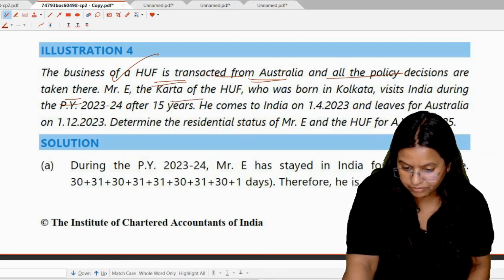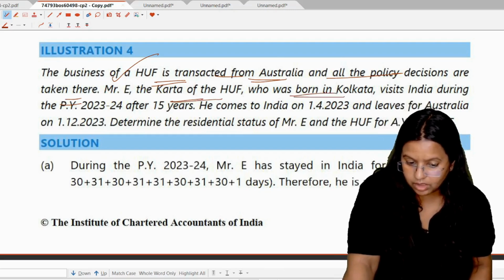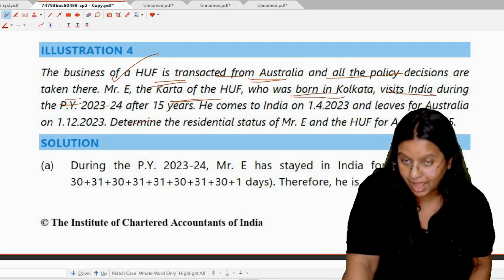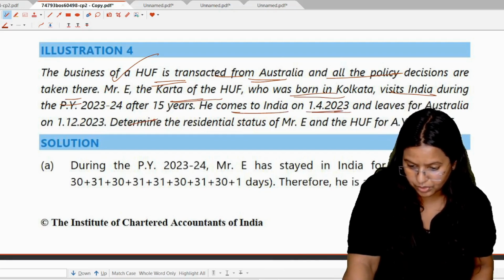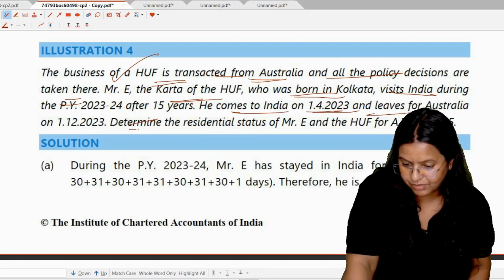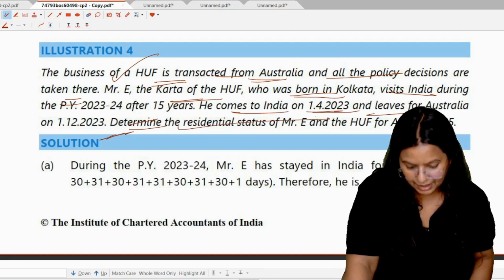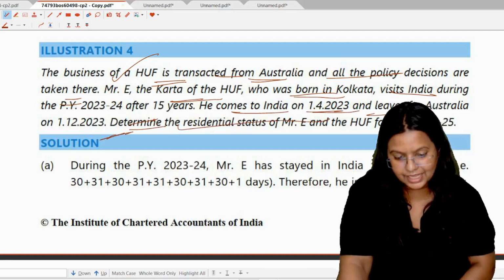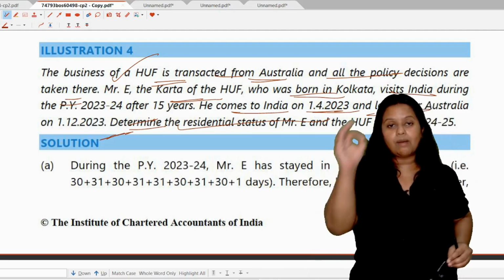Mr. E, the Karta of the HUF, who was born in Kolkata, visits India during the previous year after 15 years. He comes to India on 1st April 2023 and leaves for Australia on 1st December 2028. Determine the residential status of Mr. E and HUF. Now, most students make a mistake here.